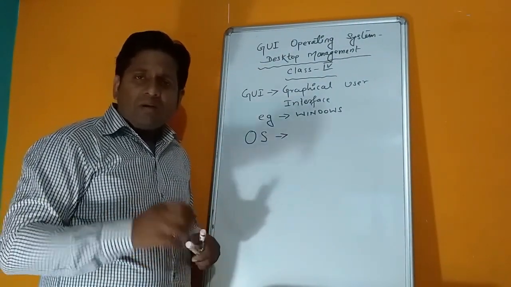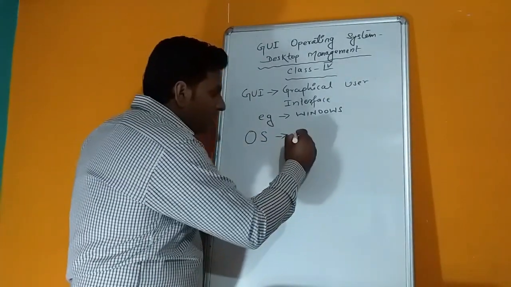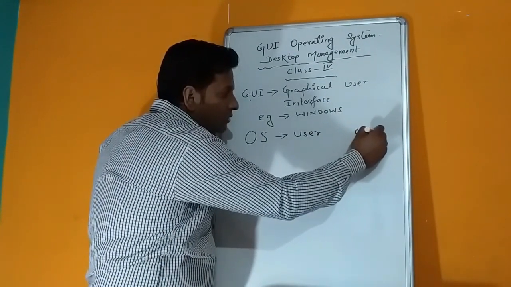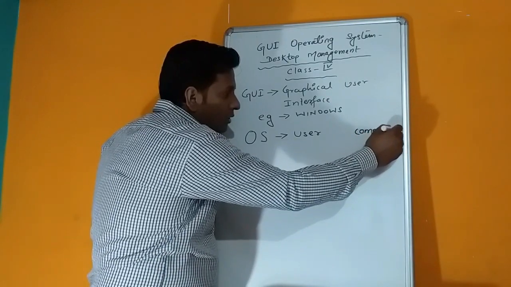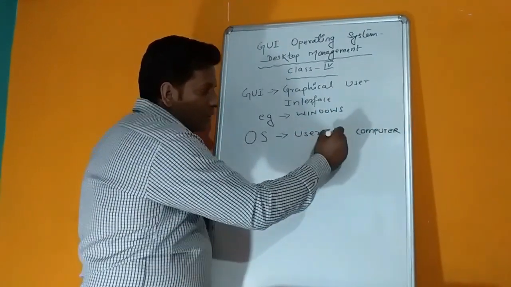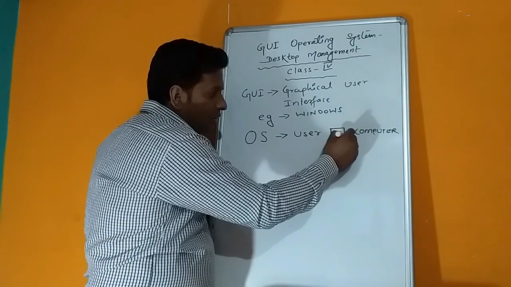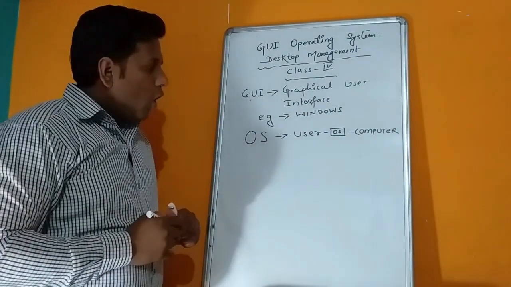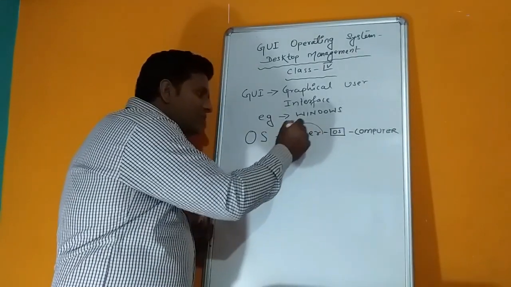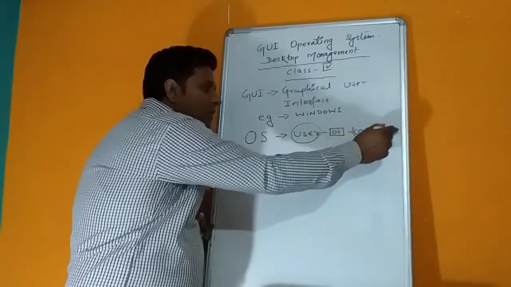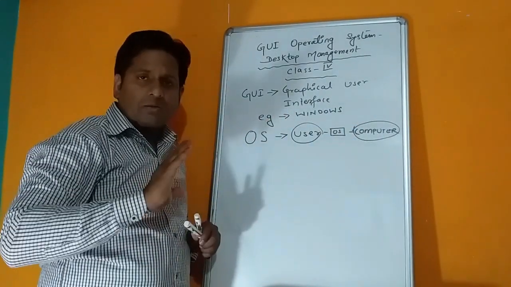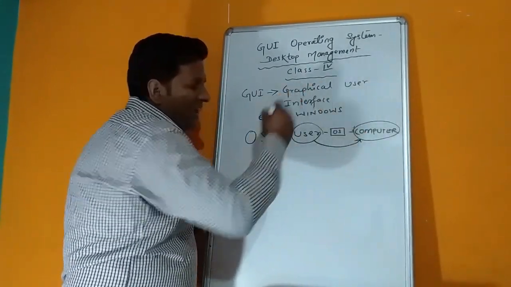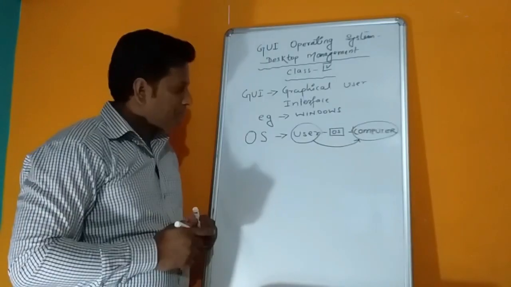Operating system is the interface between user and computer. It's the middle part which allows the user to interact with the computer.